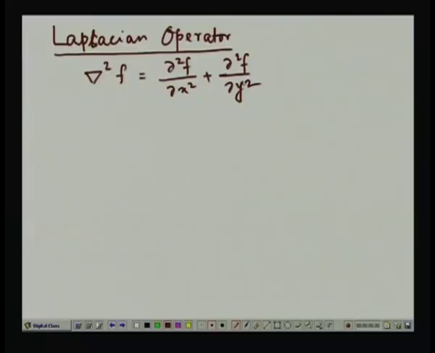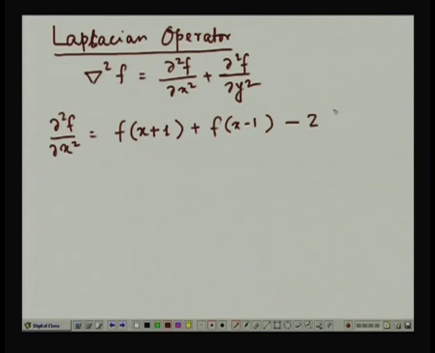And as we have already seen, del 2 f del x 2 in the discrete domain is approximated as f(x plus 1) plus f(x minus 1) minus 2 f(x).